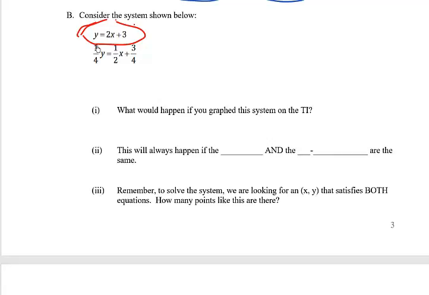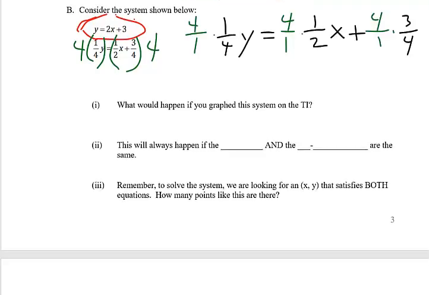I think what I would do to start is clear the fractions. The LCD of this equation is 4, so I will just multiply both sides of the equation by 4. And really that means I'm going to need to multiply by 4 3 times, once on the left, and then I'm going to have to distribute this 4 into both pieces on the right. So I'll write the times 4 in front of each term, and then I can do my canceling.